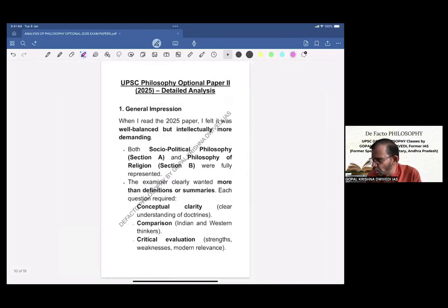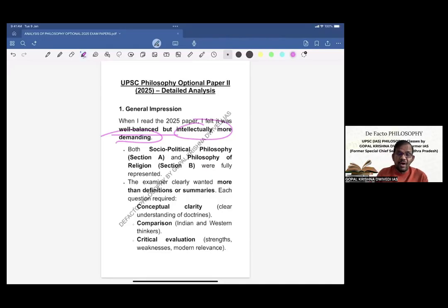Now we'll go to paper 2. Paper 2, again, is a balanced paper, but again, I will say intellectually more demanding. Both socio-political philosophy and philosophy of religion, as the structure shows, are fully represented.